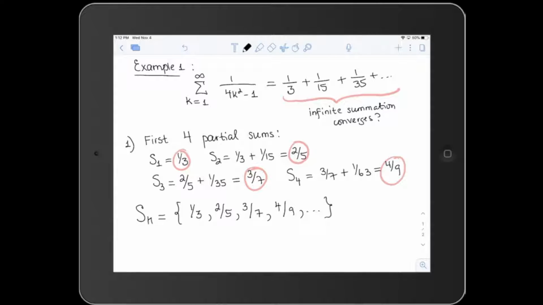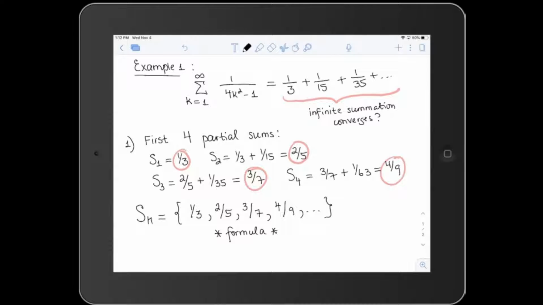We say that the infinite series converges if the sequence of partial sums converges as well. So how do we determine that? We need to find a formula that describes these terms explicitly.